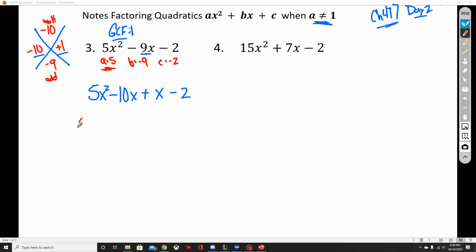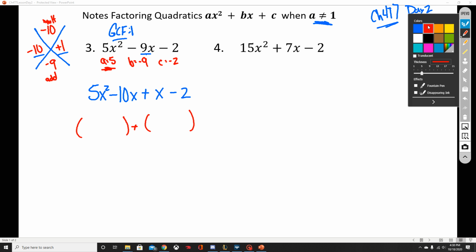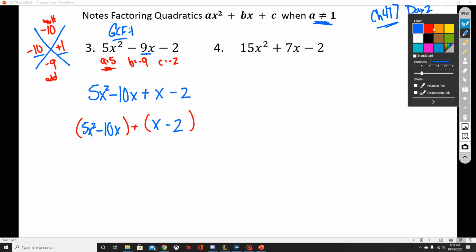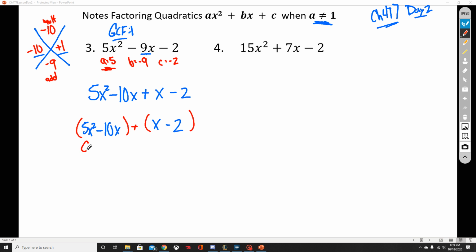So I'm going to group the first two terms together, plus, and I'm going to group the second two terms together. First two terms are 5x squared minus 10x. The second two terms are x and minus 2. And I'm going to factor the GCF out of each of these. Factor the GCF out of the first group, and factor the GCF out of the second group.